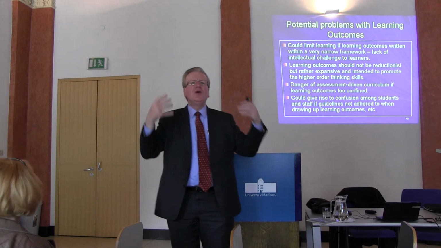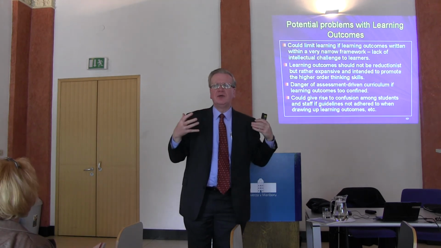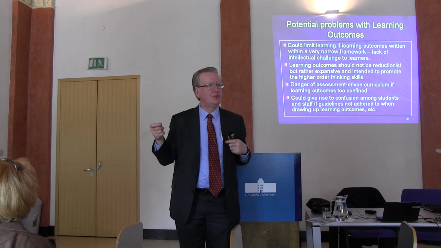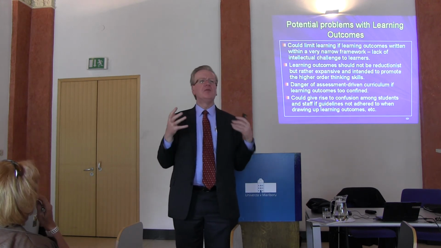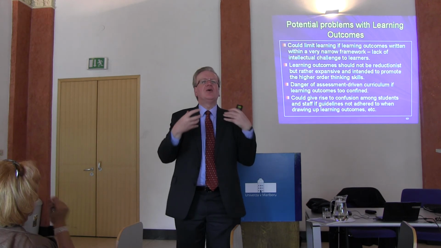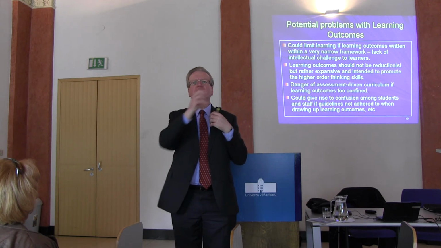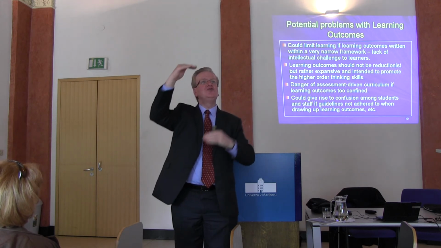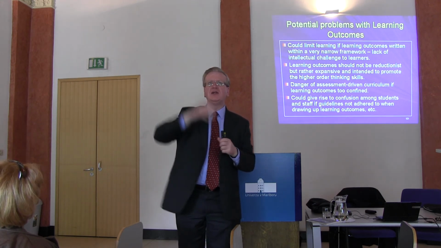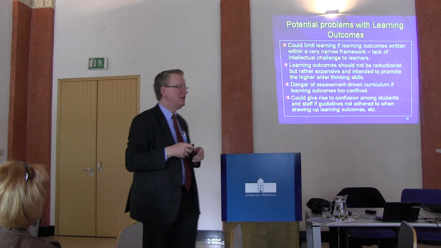We will not have good freedom when we come to assess the students. So we must write them clearly, but at the same time, we must allow ourselves freedom to assess the students in great breadth and in great depth, particularly in the higher order thinking skills.